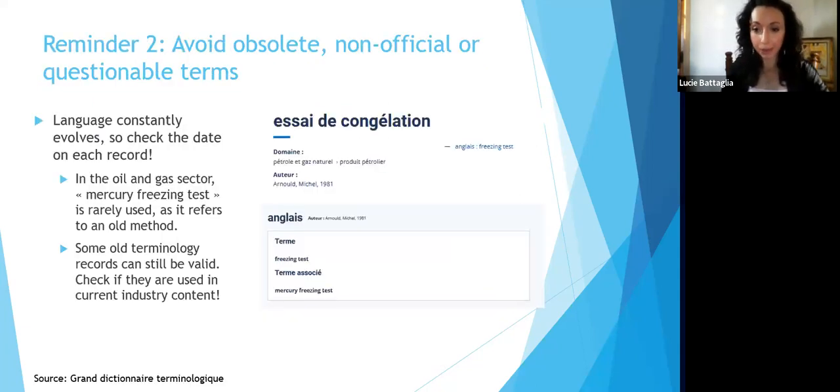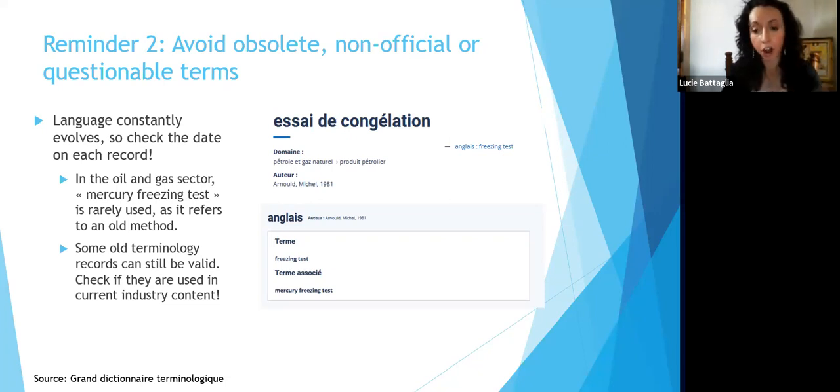Reminder number 2, this one applies mainly to the GDT and Termium, but also to some specialized glossaries on the market. Avoid obsolete, non-official, or questionable terms. So language is evolving constantly, and I'm going to remind you to check the date on every record, especially if you translate in IT or any fast-moving field.